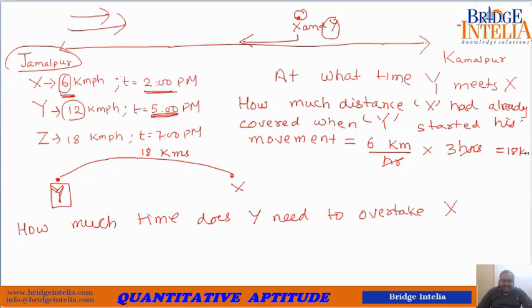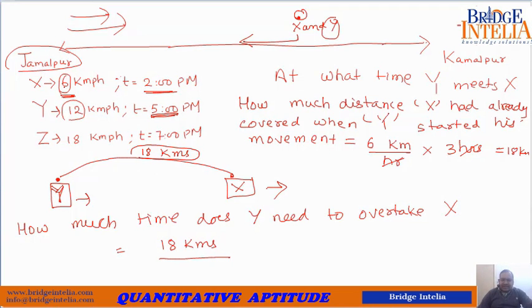X has an advantage of 18 kilometers, so 18 kilometers is the target you have given to Y. But both are moving, so here we cannot use the speed of Y. We will have to use the concept of relative speed, because X is also moving. The target is 18 kilometers, but his target is moving. So he has to understand what advantage of speed he has over his target.